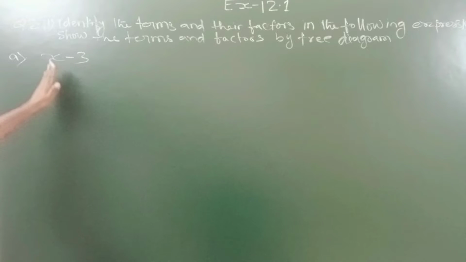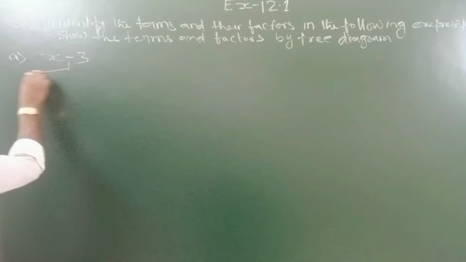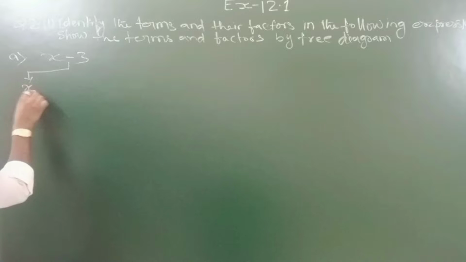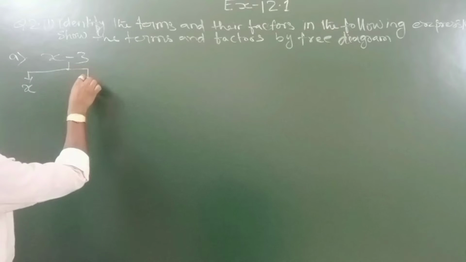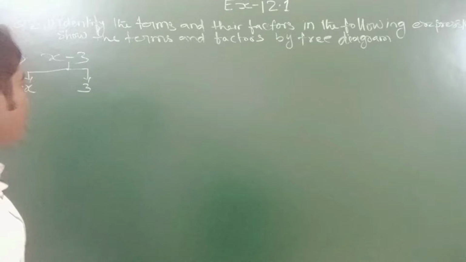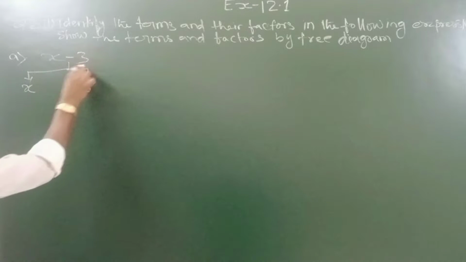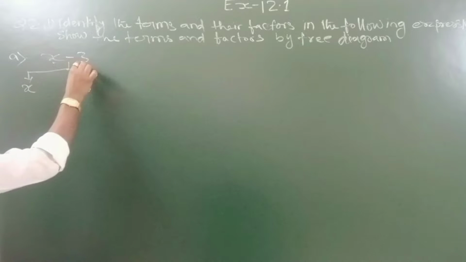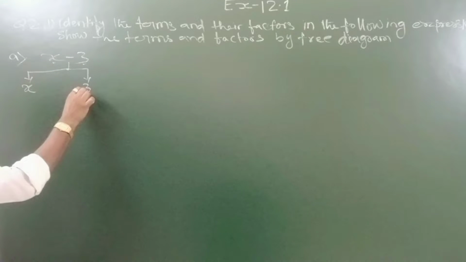And here we have the factors also as x and 3 only. If we have to show it by tree diagram, here we will show x and here we will show 3. So this is nothing but called a tree diagram. This is the algebraic expression. This is one term, this is another term, this is one factor, this is another factor.